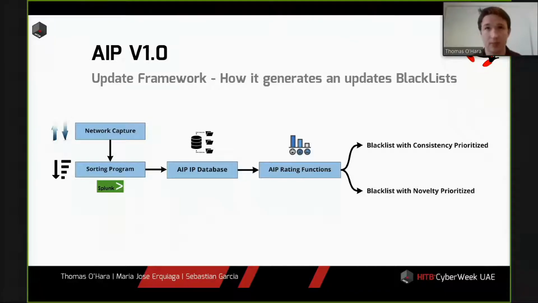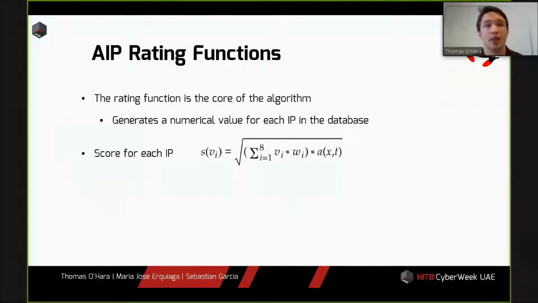And I'll explain what I mean by that in a little bit. So, in general, the rating functions, as I said earlier, are really the core of the algorithm. They generate a value representing the relative importance of a particular IP for blacklisting for every single IP in the database. So if it's a database of 200,000 IPs, then it's generating 200,000 scores, one for each IP.